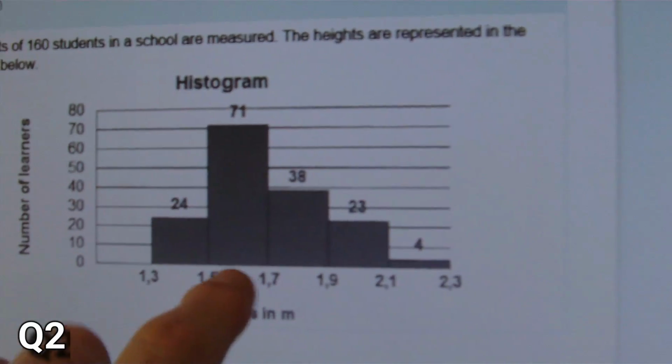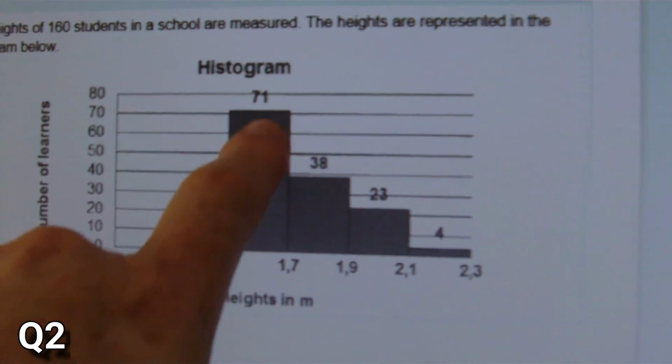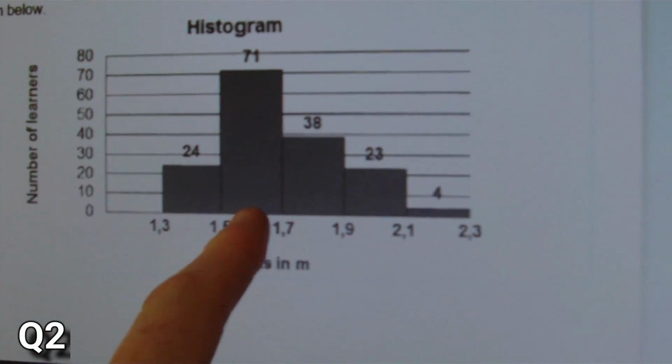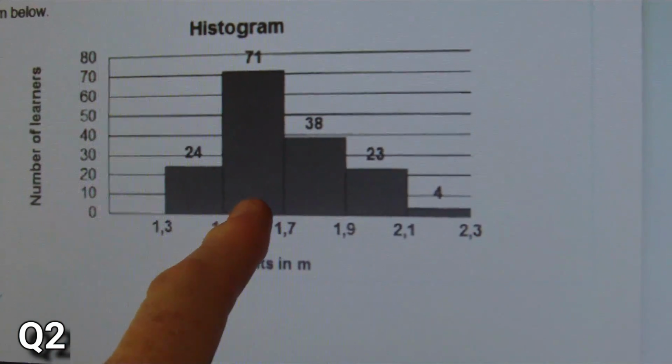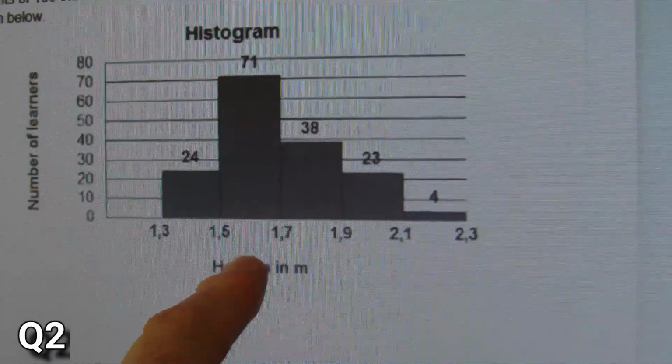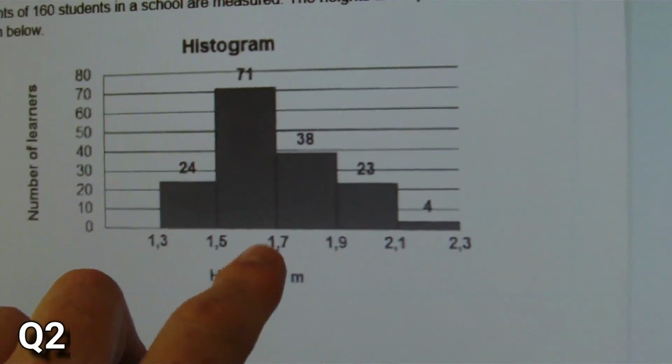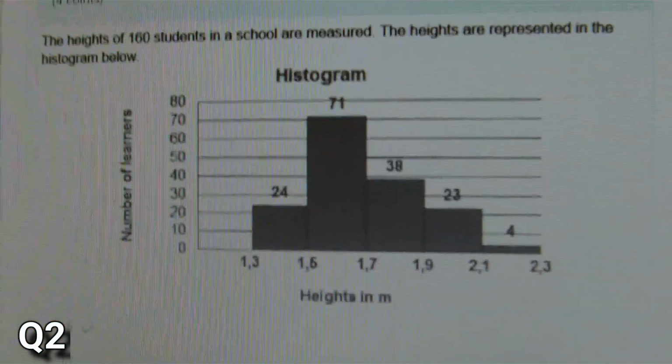So surely your 80th and your 81st person are in here. Okay, so that means your middle person is in this interval here. So if we're going to estimate the height of the median, it's between 1.5 and 1.7. So we're going to say that the median is 1.6, which is answer A.